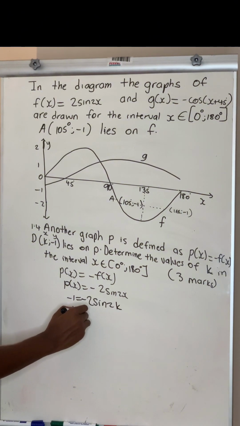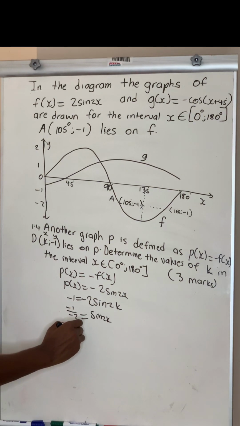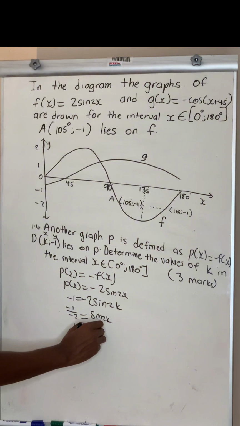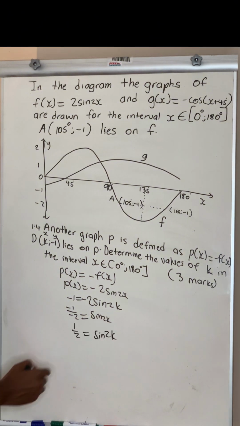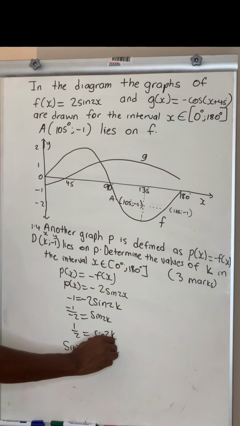Negative 1 divided by negative 2 is equal to sine 2k. 1 over 2 is equal to sine 2k. And then finally we're going to say shift sine inverse of 1 over 2 is equal to 2k.